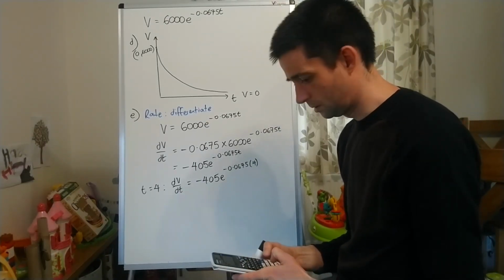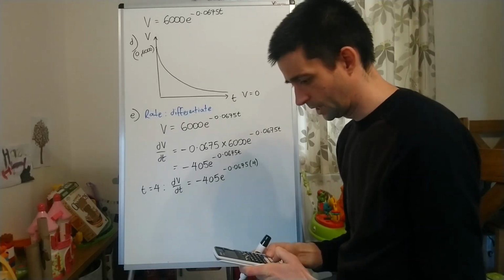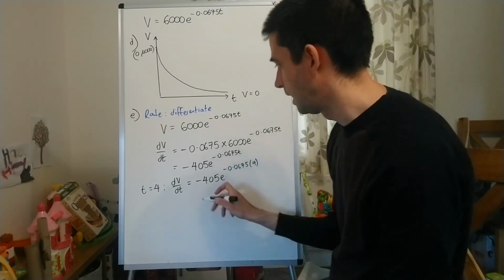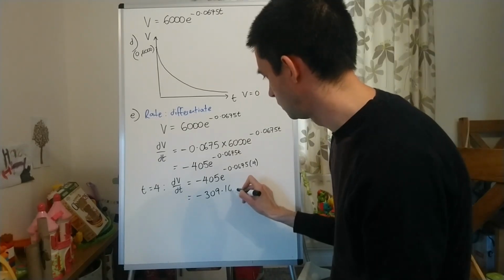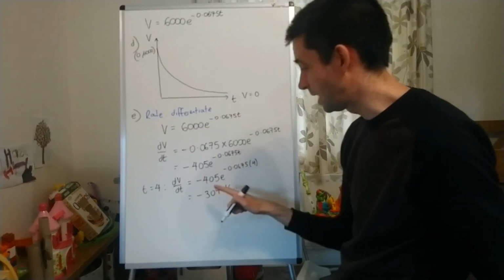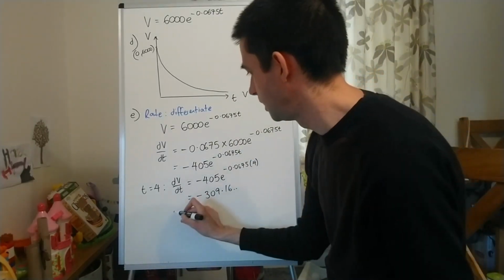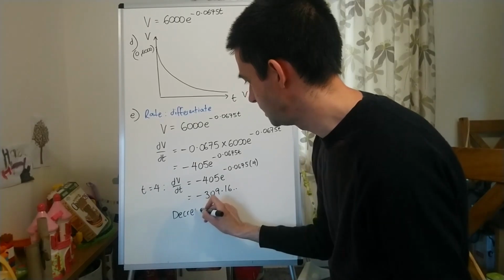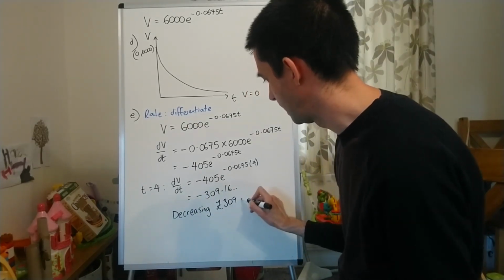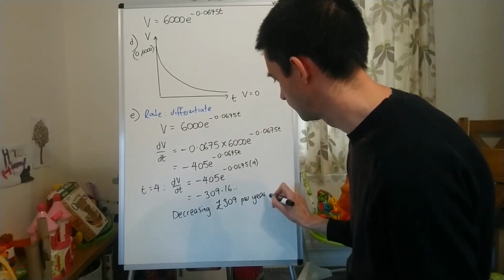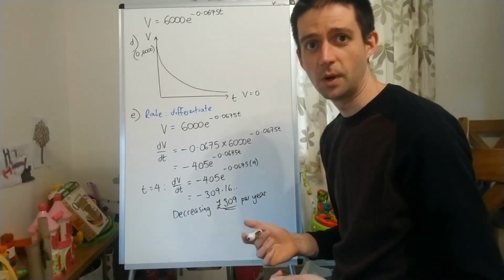E to the power of negative 0.0675 times 4, times 405, comes out as negative 309.16. Now, I'm happy with that. It's come out negative because it's decreasing. So what I need to do to give my answer to the nearest pound is to state that it's decreasing by £309 per year, and that's to the nearest pound as requested in the question.